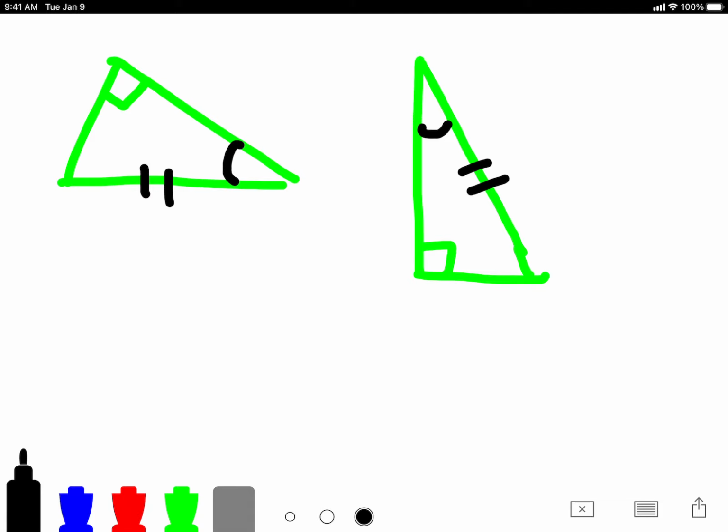The basis of all of these theorems is that if you have an angle, it's related to a side. And if you have a side, it's related to an angle. Let's take a look. These angles right here are related to this side. So the angles form the opposite sides.